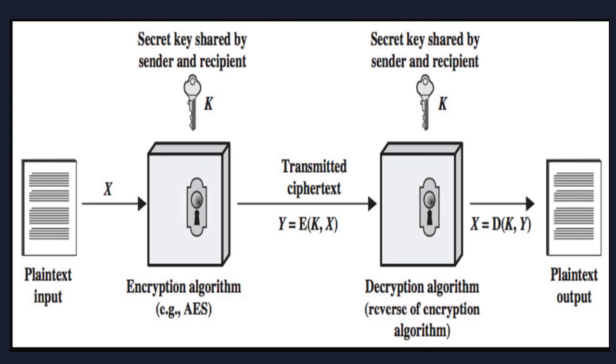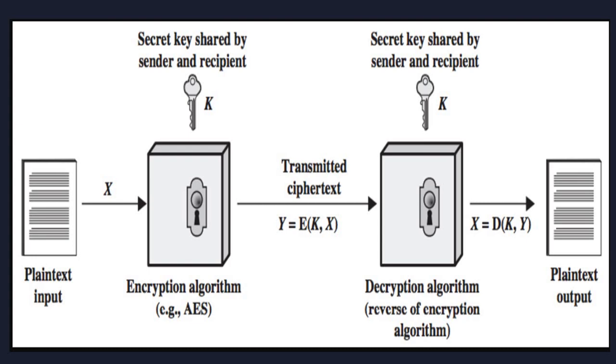Similar to that, here a sender will have a key. That key will be shared with the recipient. Here it is being transmitted, and the plain text is converted into a ciphertext. There is an expression given as y = E(k, x). So that is encrypted and sent to the receiving end, that is the receiver.